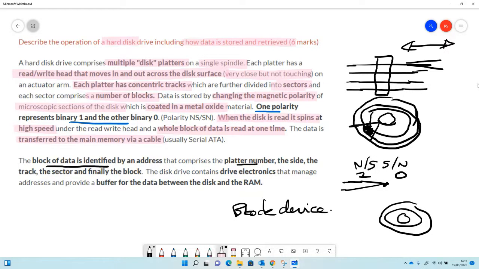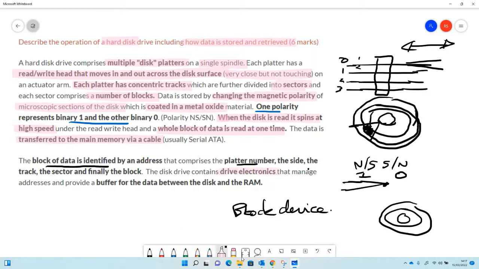The address is the platter number, which could be numbered 0, 1, 2, 3, the side, so 0 or 1, the sector, which is the wedge-shaped bit, and the block to read. Once we've got that address, we can spin the disk up, get the read-write head into the right place. When it passes under, it reads the data, and we are on the way to sending that data back to RAM.